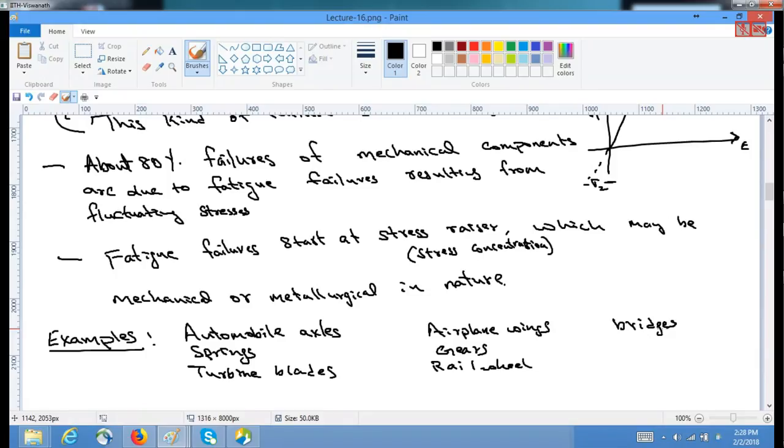And consider bridges, for example. Every time a vehicle passes by, it can be one full cycle, and this is repeated for as many vehicles as go by. So we generally design all these things to sustain this kind of loading for a very large number of cycles.